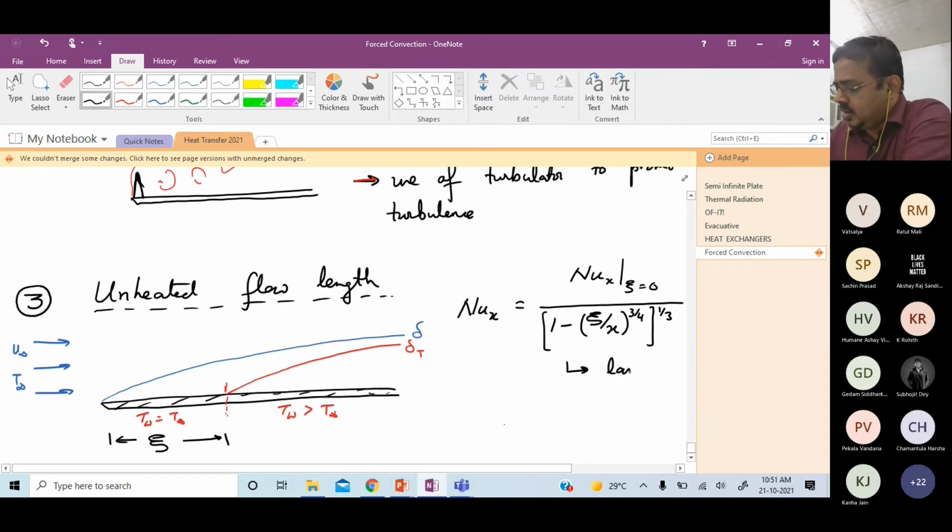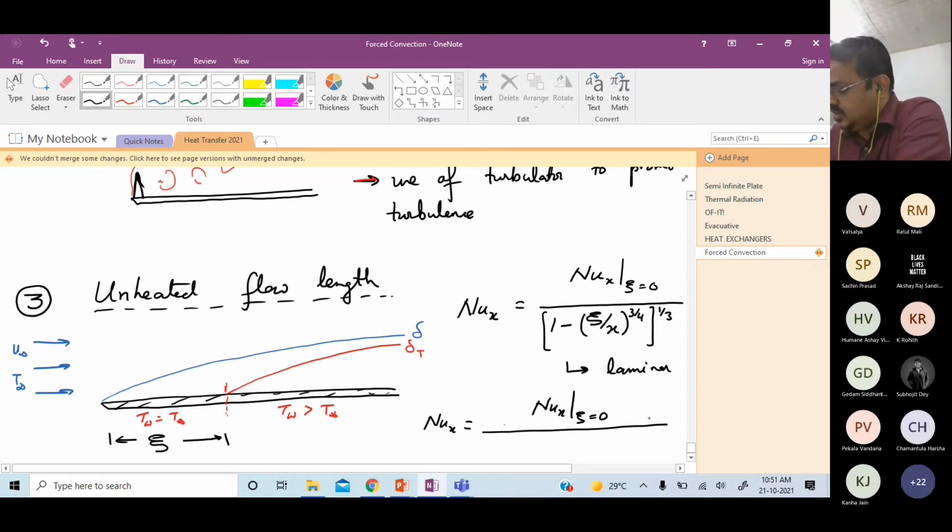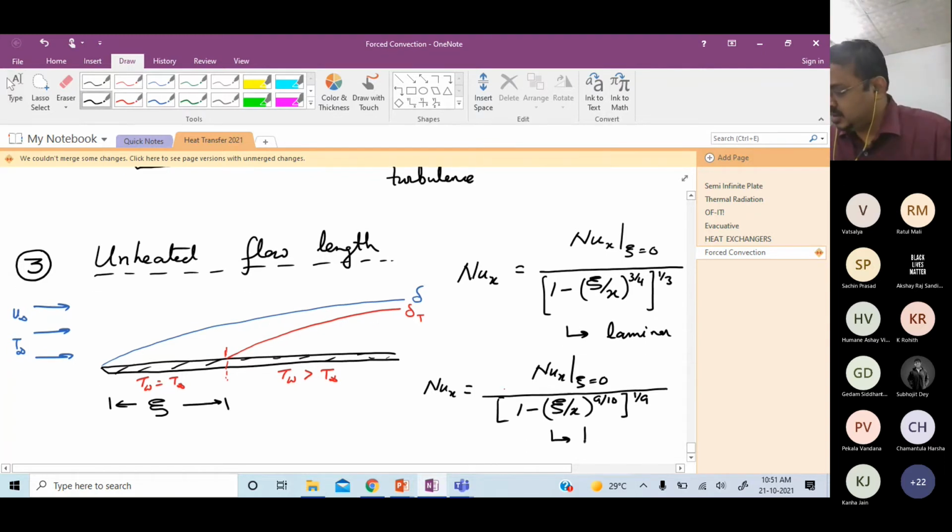This is for laminar. And for turbulent, it will be the same form, that is, assuming zeta equal to 0, for which we have the correlations already, and then you divide it by 1 minus (zeta by x) to the power 9/10 or 0.9, and this whole thing to the power 1/9. Okay, this is for turbulent flow.